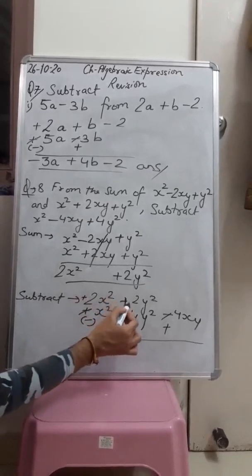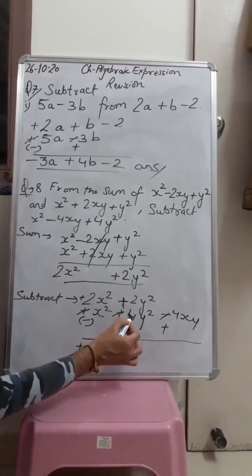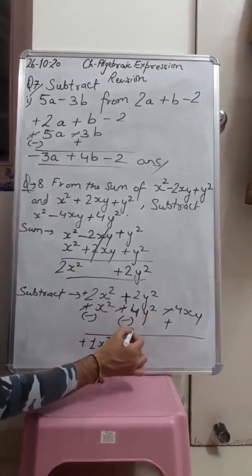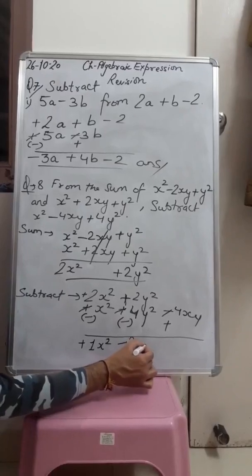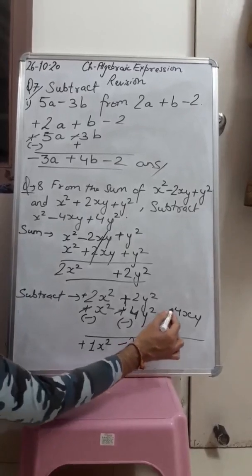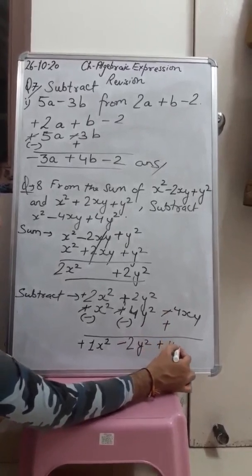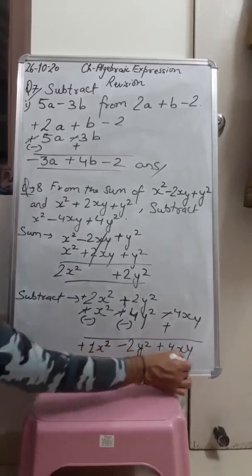This is plus, so here you can see it is minus 4y square. That means minus is greater, it will come in minus. Minus 4 plus 2 gives you minus 2y square, and this becomes plus 4xy. So this is your answer.